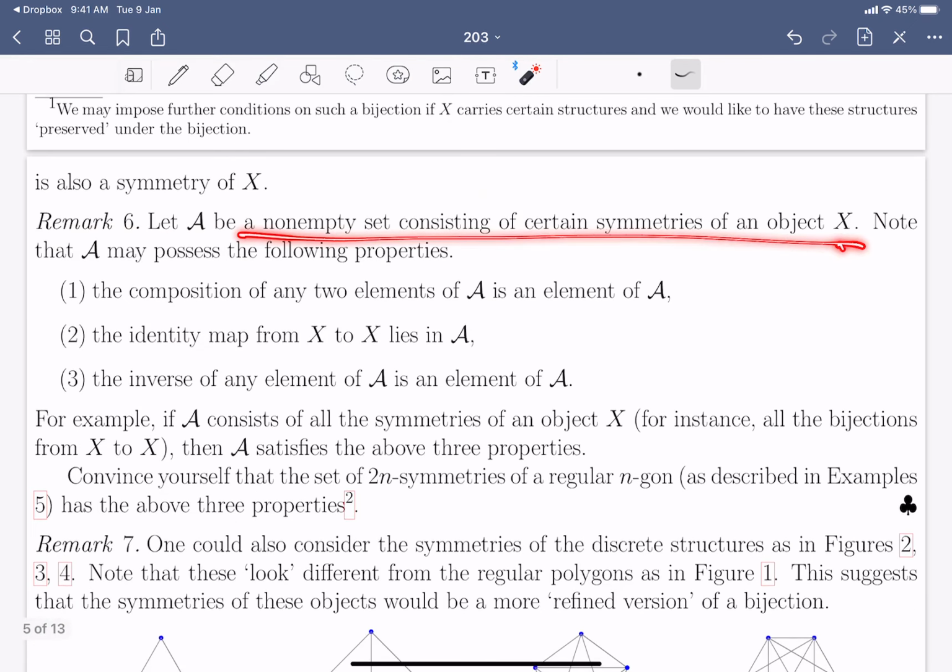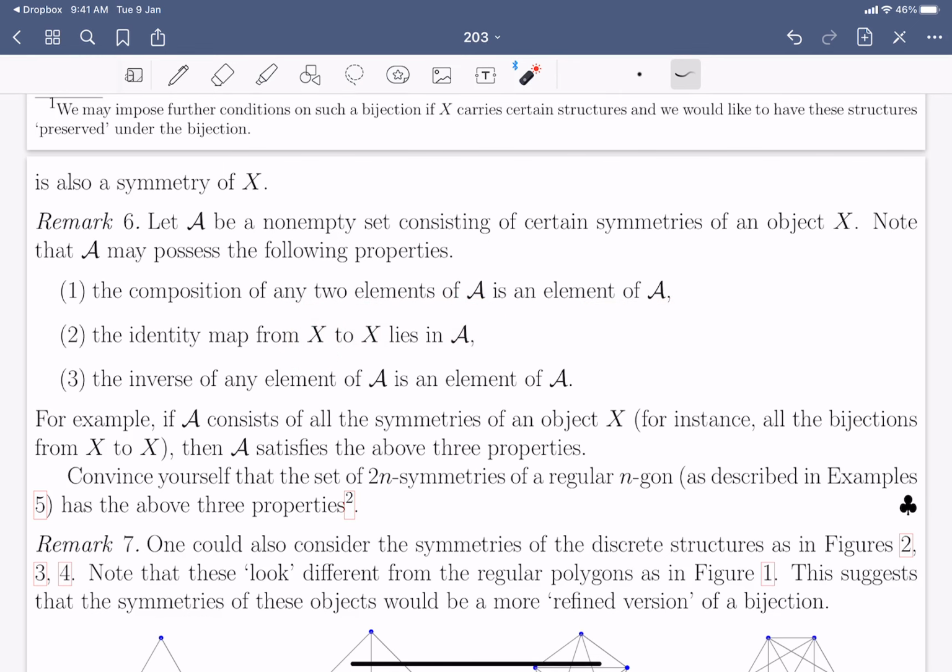So we consider a non-empty set consisting of certain symmetries of an object, and then we may hope for the following properties: that the composition of any two elements of A is an element of A. Note that this composition is something that I have not precisely indicated; this is something that again we need to formalize. Anyway, the composition of any two elements of A is an element of A, and the identity map from X to X lies inside A.